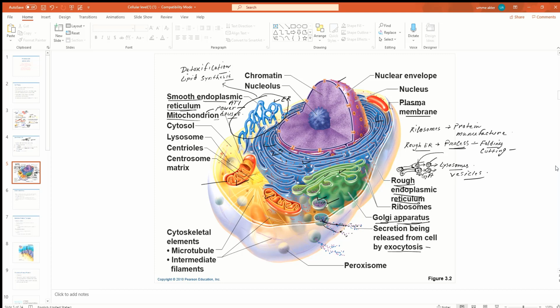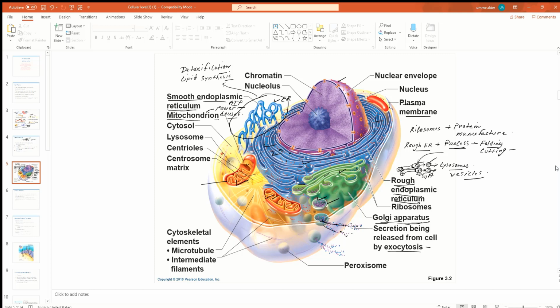Remember, ATP is a very important chemical called adenosine triphosphate, and it releases energy which our body always needs. That's why mitochondria are the powerhouses. Most of the ATP is produced in the mitochondria.